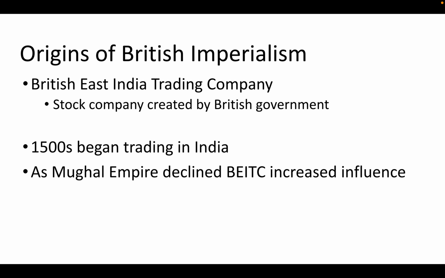So the origins of British imperialism date back pretty far. You have the British East India Trading Company, who begins trading in India in the 1500s. They were a stock company, which meant that different investors put money into it, so they owned a stock or share of it, and whatever profit the company made was divided among shareholders.